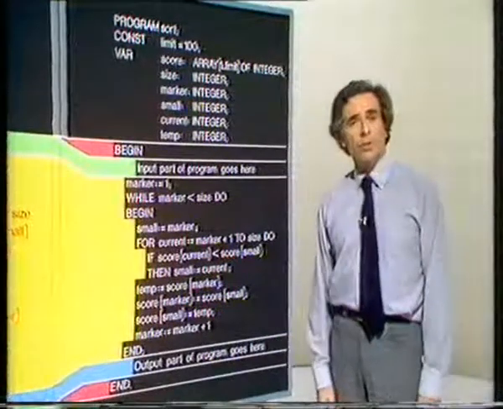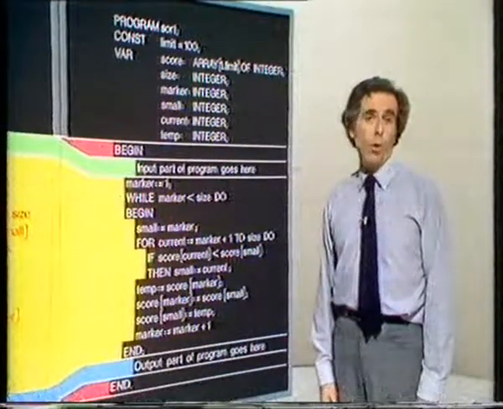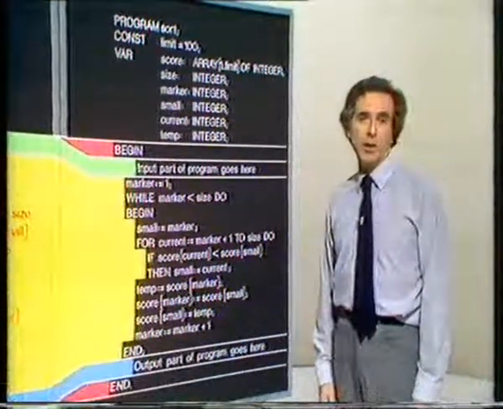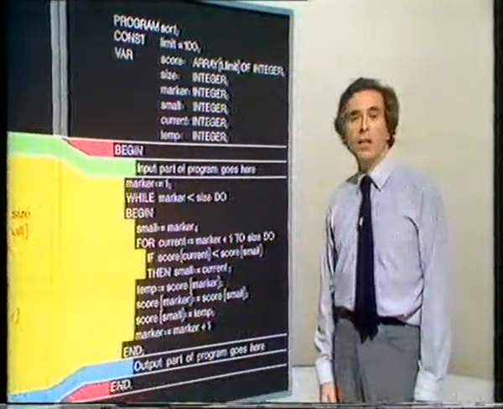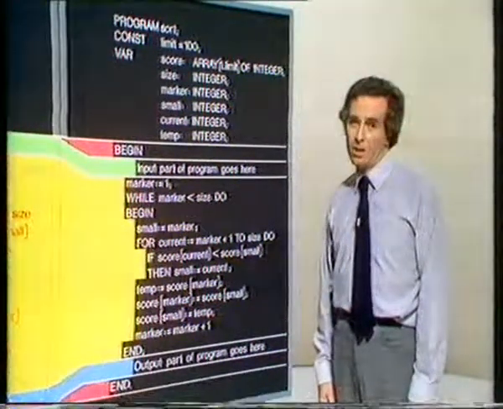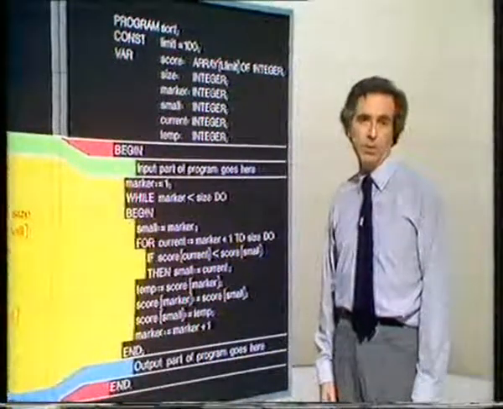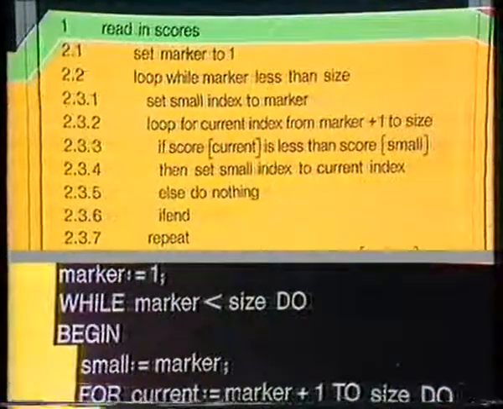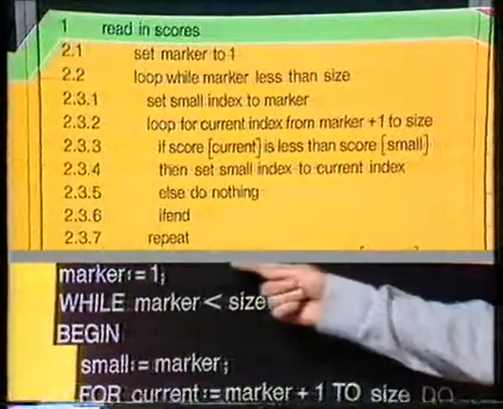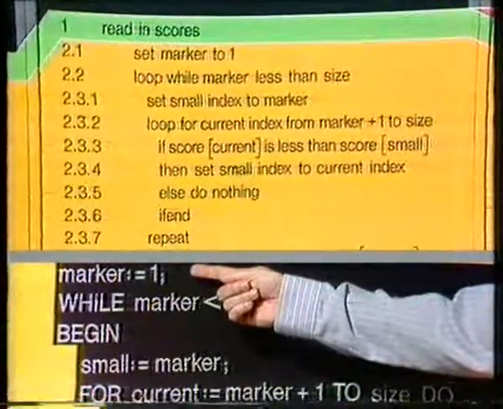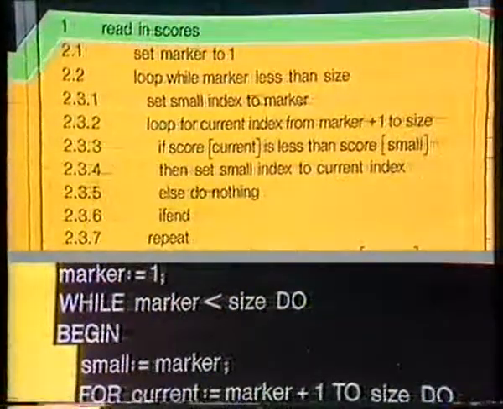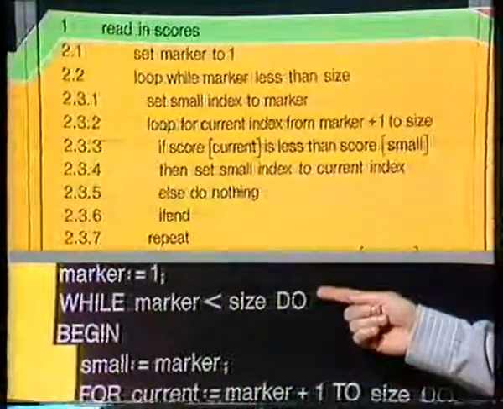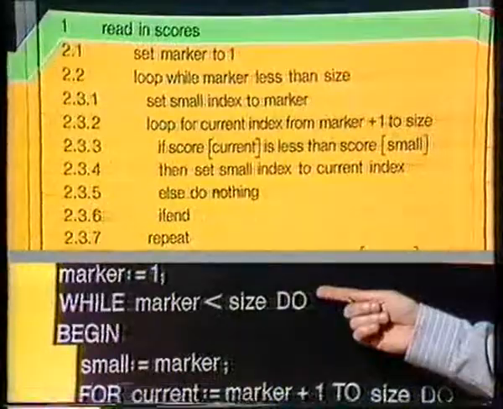So when we reached the final stage of refinement, we already had the structure of the Pascal program. We just had to translate line by line into the special words used by Pascal. For example, set marker to 1, that becomes marker takes the value 1. Loop while marker less than size, that becomes while marker less than size do.